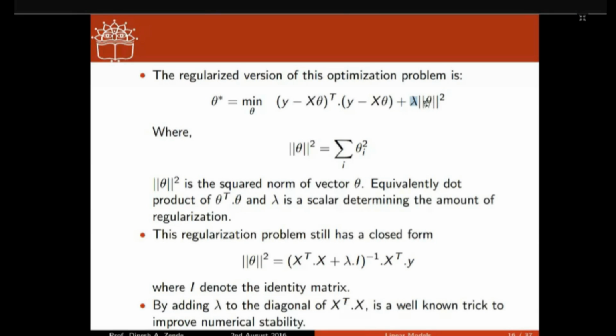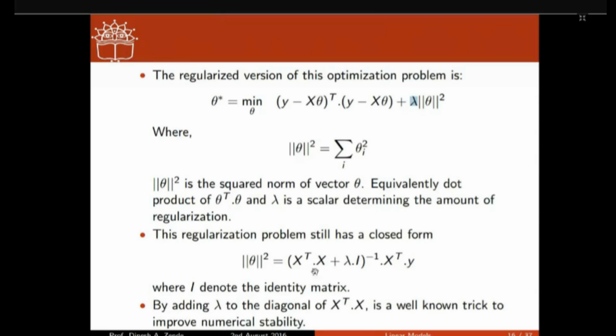This squared norm can also be written in another way. I will not explain this right now, but it is easy to understand if you are comfortable with vectors.